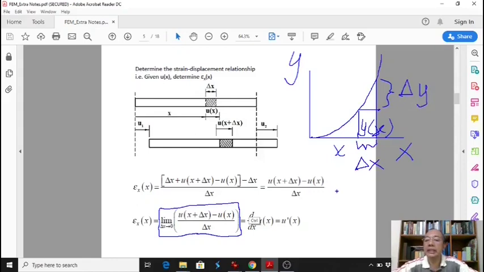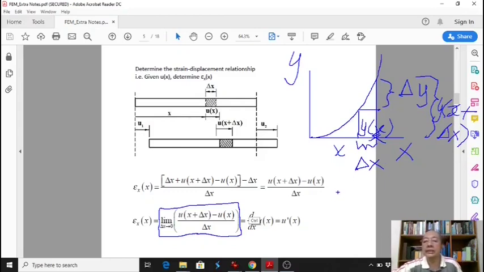The position here is x plus delta x, so this length is y of x plus delta x.